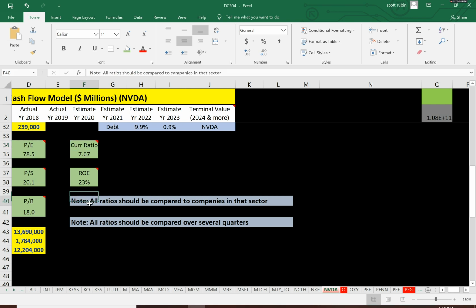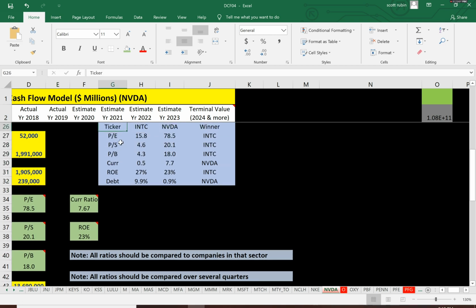Also, you want to compare it to similar companies in your sector. Like you can't really compare it to McDonald's because maybe the fast food industry has a PE ratio of, I'm just making it up, 20. That's a good PE ratio, but for a company like NVIDIA, 30 may be a good PE ratio. So you have to compare it to similar companies.